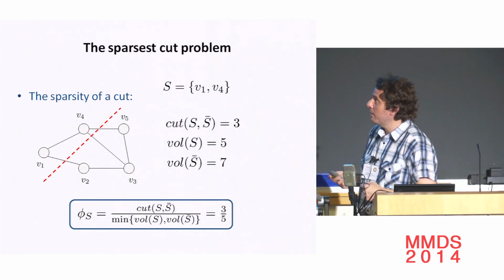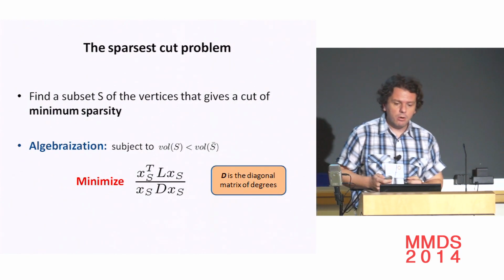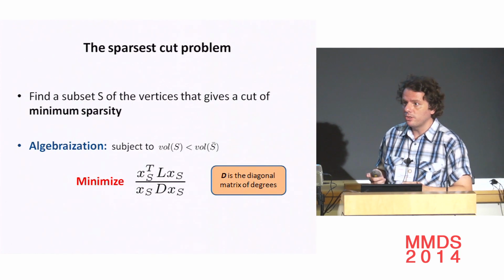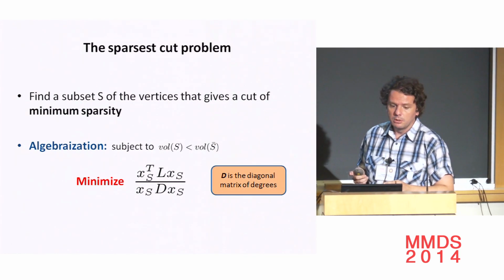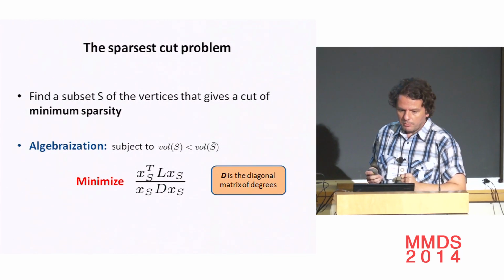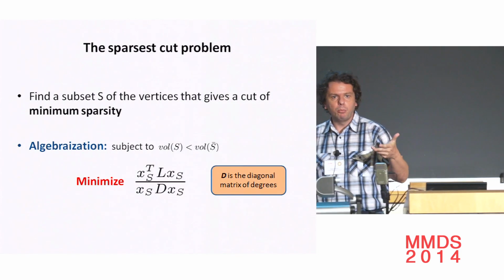For the sparsest cut problem, I want to find a subset S of the vertices that gives a cut of minimum sparsity. I want to find the S which gives me the minimum such ratio. And I will call this phi, or the conductance. So how do we do that? This is a very obviously discrete problem.